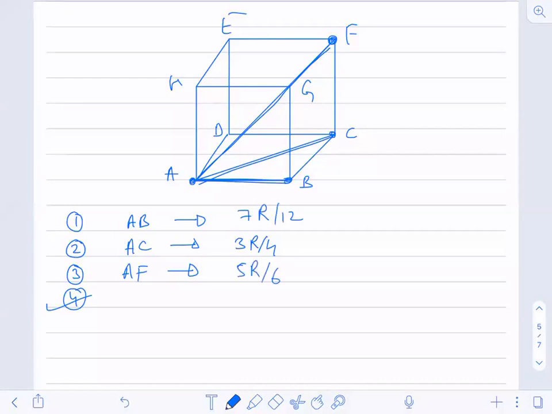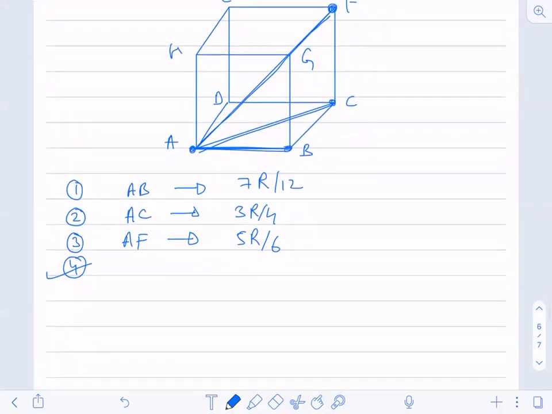How will you remember this if it comes in any exam? I'm telling you a trick, and with that trick you don't have to solve it. Just see the problem and hit the answer. AB is called an edge, the edge of the box.